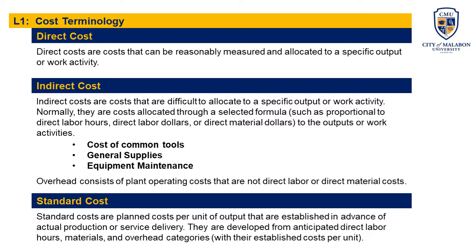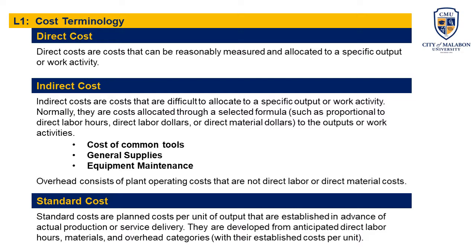Some examples of overhead include electricity, general repairs, property taxes, and supervision. Administrative and selling expenses are usually added to the direct cost and overhead costs to arrive at a unit selling price for a product or service.